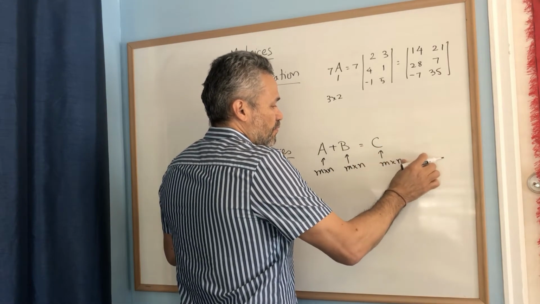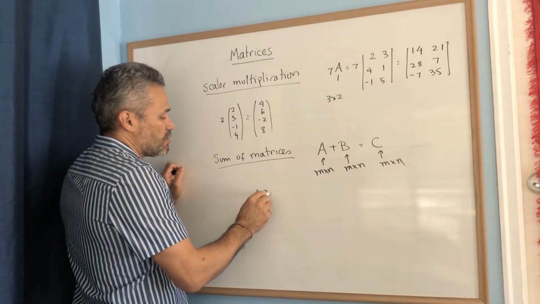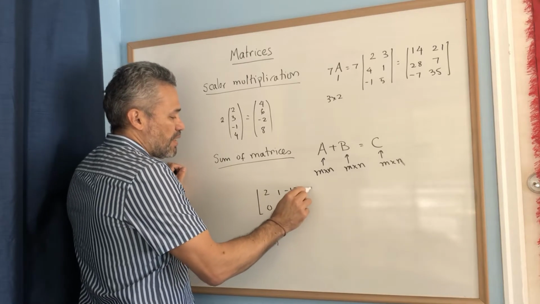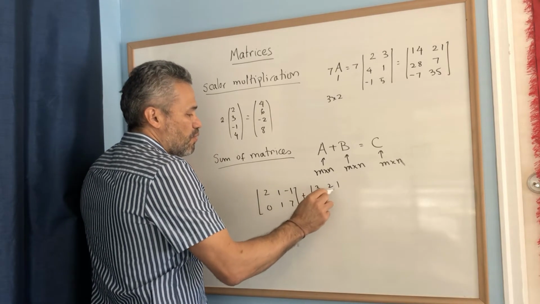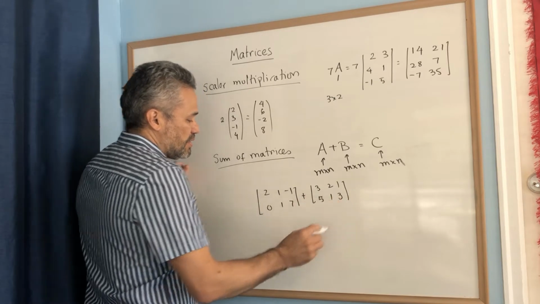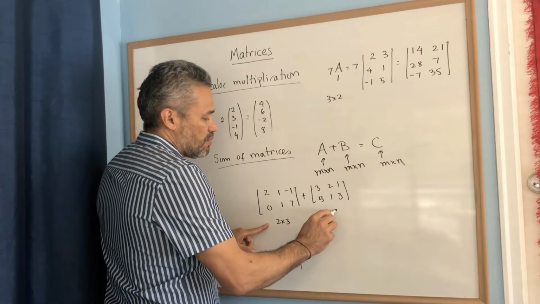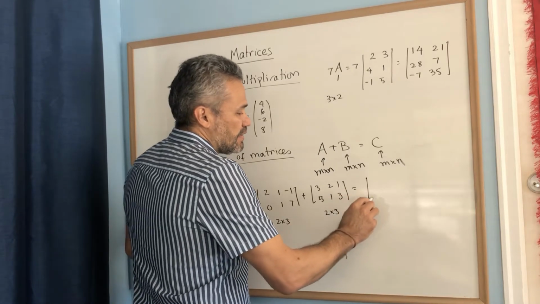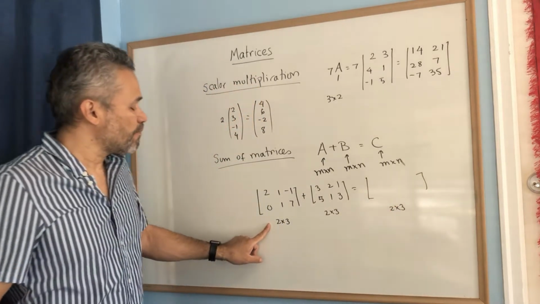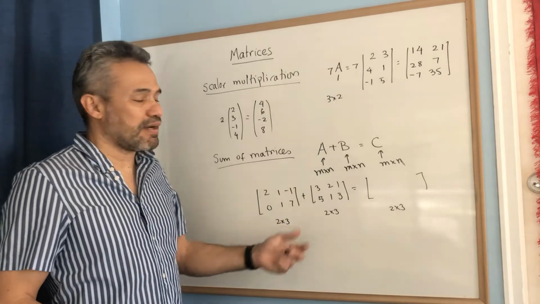How do we do the sum of 2 matrices? Let's suppose I have 2, 1, -1, 0, 1, 7, plus 3, 2, 1, 5, 1, 3. In this case, we have a 2 by 3 matrix and a 2 by 3 matrix, and then the sum is going to be also a 2 by 3 matrix. If the matrices don't have the same size, then you just say the sum cannot be done.